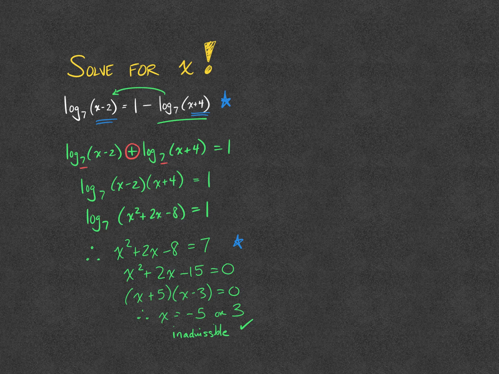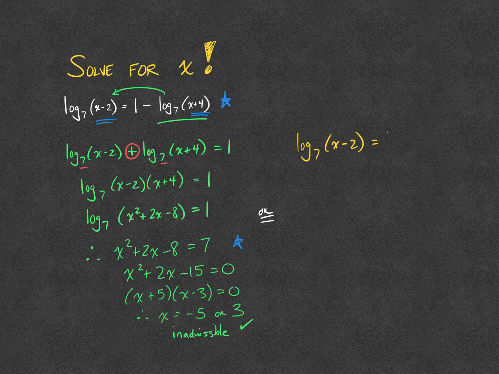Okay, why did I say I was going to do this two different ways? Well, some people might do an alternate means to solve that. I wanted you to go back and take a look at my original equation. Perhaps what I would have said is, I like my left side being a log base 7, but I wish that the right side was a log base 7.